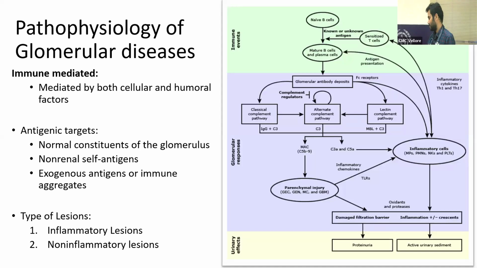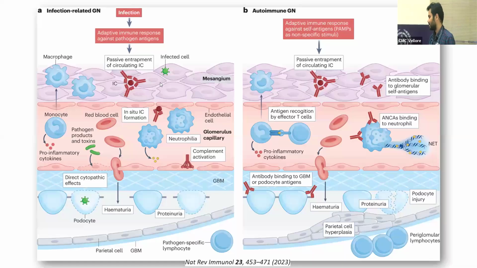So it can produce 2 types of lesions, inflammatory and non-inflammatory. These are some examples of different pathogenesis. One is the infection related agent, due to some exogenous antigens. After entering the body, it elicits an immune response and antibody response, forming antigen antibody complexes in the circulation. These can get deposited in the glomerulus when they pass through the kidneys, leading to local damage and inflammation.